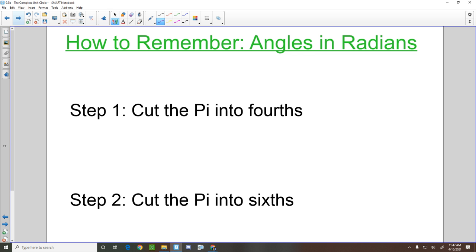Like if I had a 30-degree angle, what could I multiply that by to get that same angle in radians? That's right. The pi would go up top, 180 would go on the bottom.